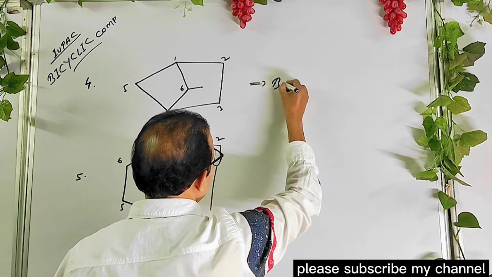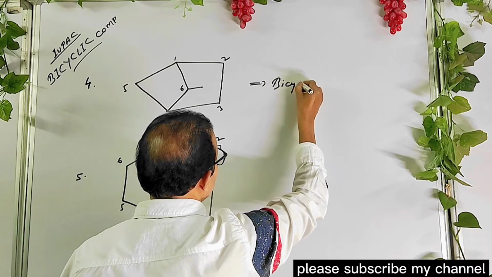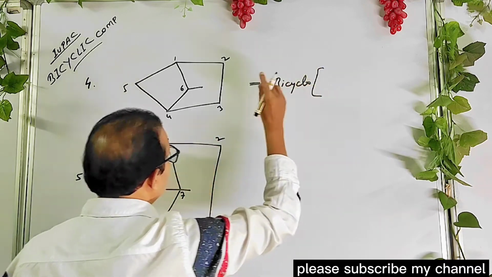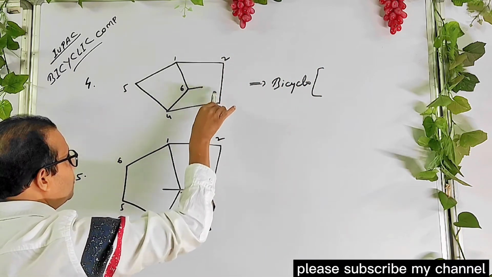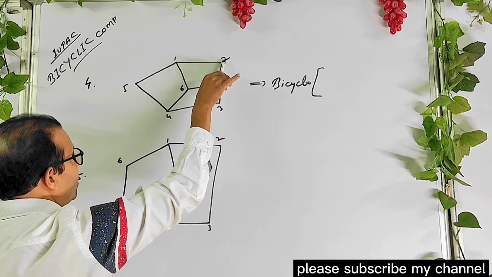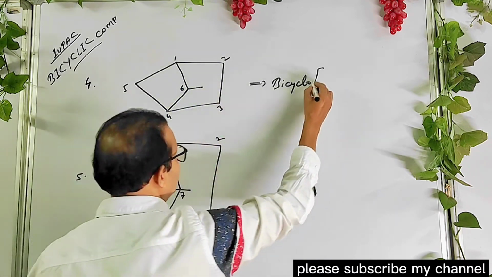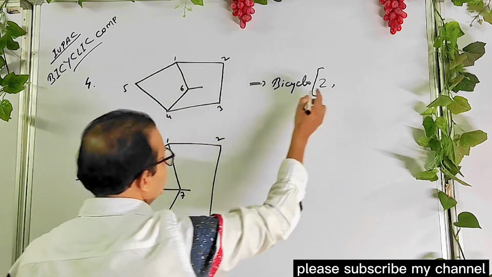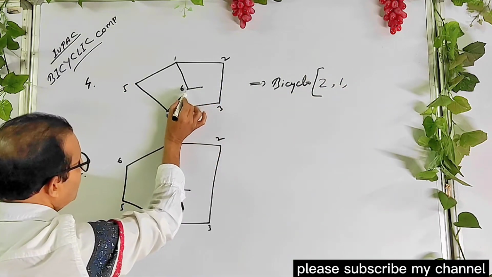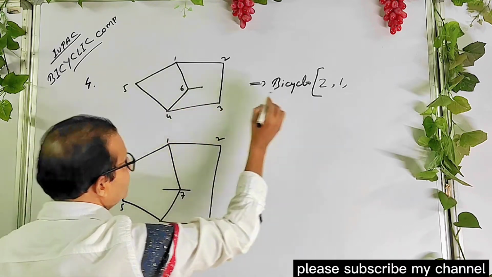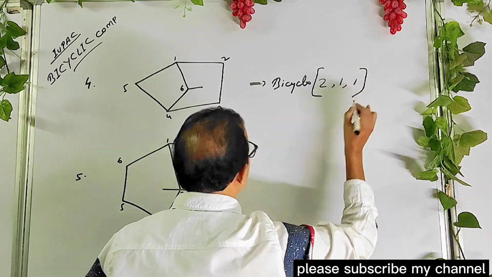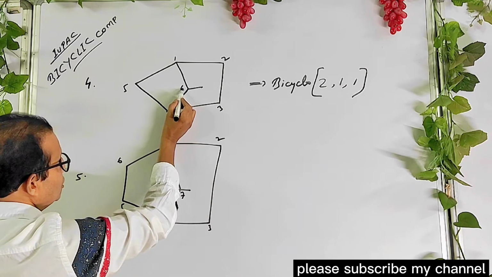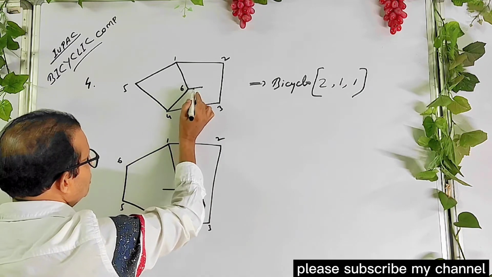At first write bicyclo. Now the bridge carbon atoms: 2 carbon, 2 carbon, and only 1 carbon in this bridge. Now at the 6th position there is one substituent.